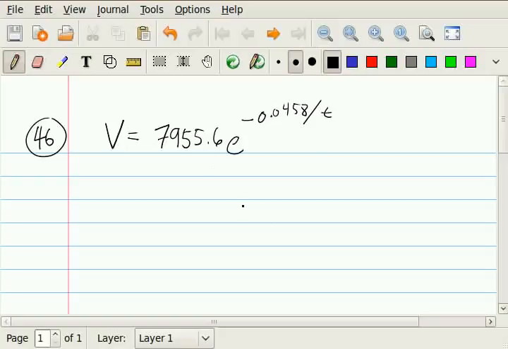Now what they ask us to do, they say at what rate is the yield changing when, and now they give us a couple of numbers to put in. They want to know 5 years, 10 years, 25 years. So the idea here is that, say 5 years in the future, we might be interested not only in the yield, but in how quickly the yield is growing.